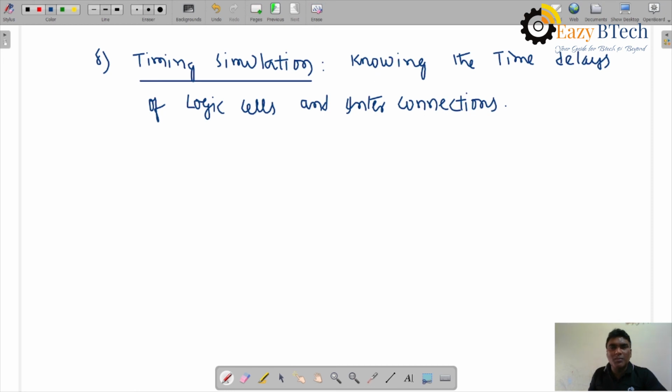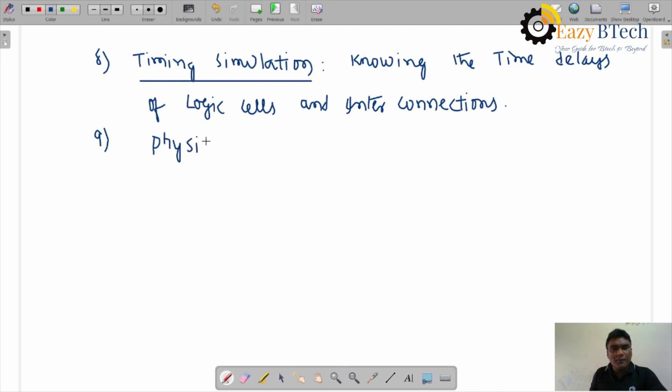Timing simulation means we can know how much time is taken for signal processing after placing the logic blocks for routing. Whenever the signal is applied, the time simulator knows the time delays of logic cells and interconnections.